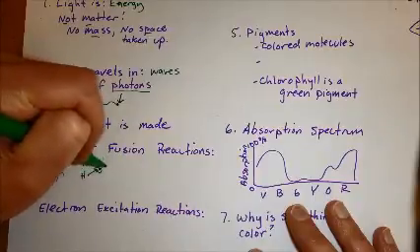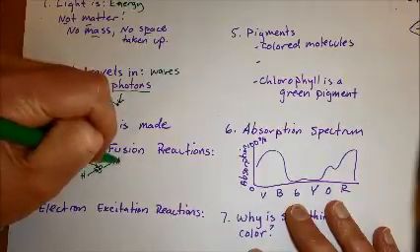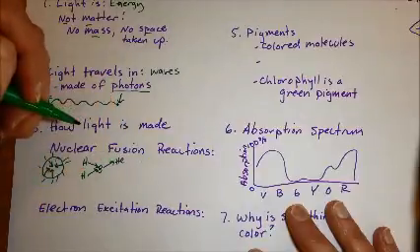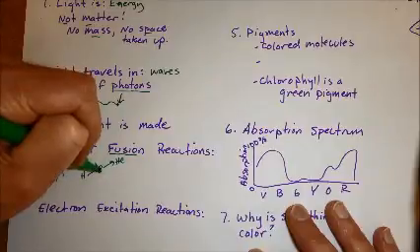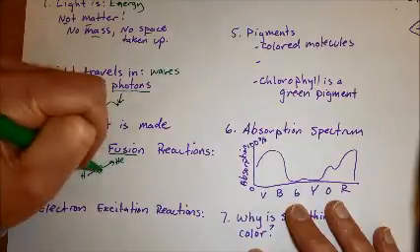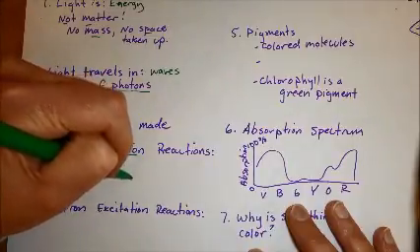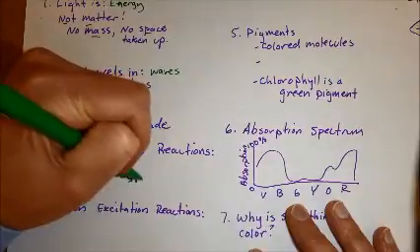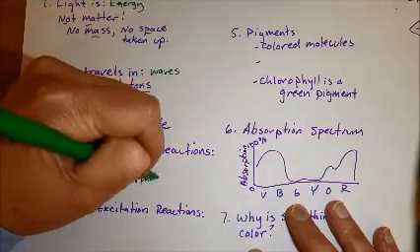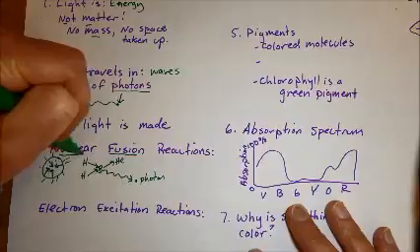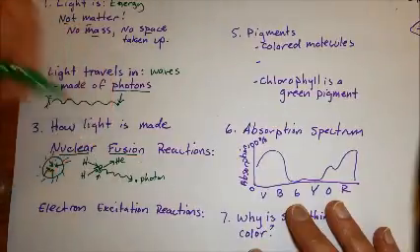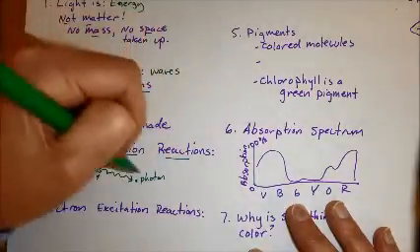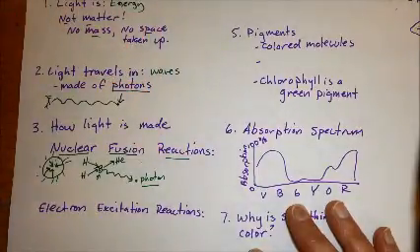When they do, that makes other elements like helium and other combinations, but this fusion of the nucleus of an atom also releases photons of light. So light is made by the sun in nuclear, because it's the nucleus of the atom involved, fusion, because they're getting squished together, reactions, and the reaction that makes light energy comes out.